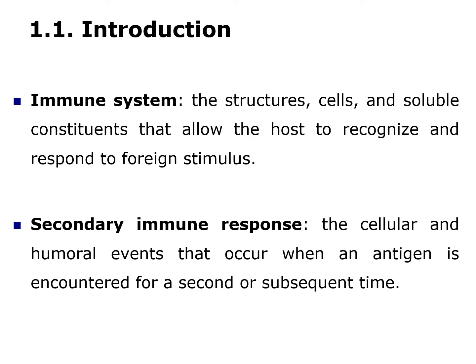And the second time it is seen within the system, it elicits a secondary immune response. This secondary immune response can be a cellular immune response or a humoral immune response. Right, so this consists of events that occur during the second or subsequent time of appearance of the same antigen.